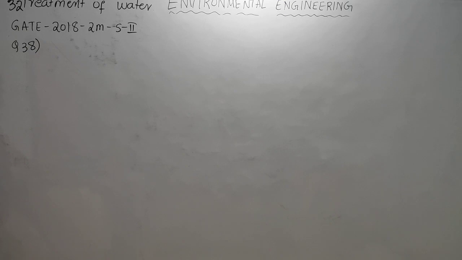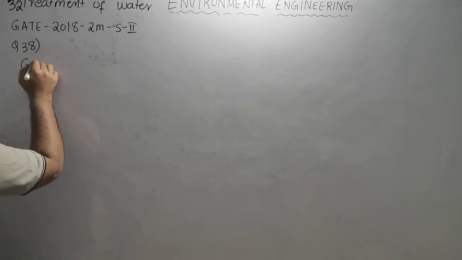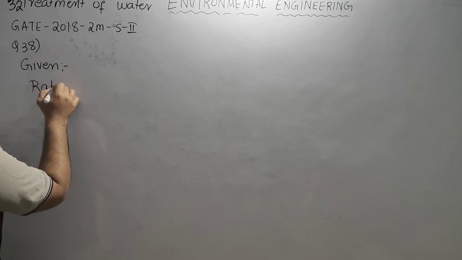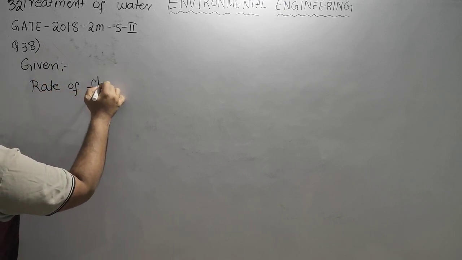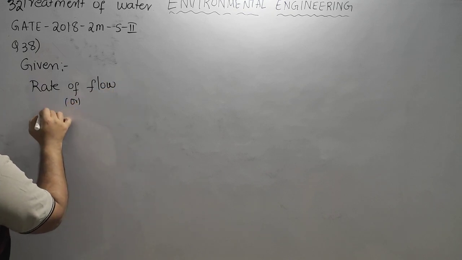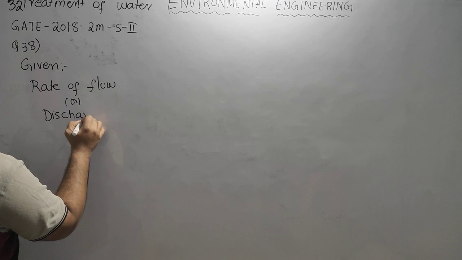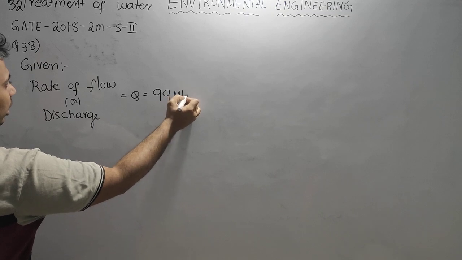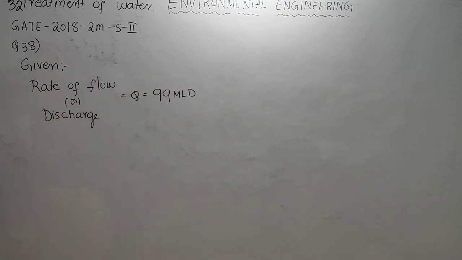Let us extract the data first. So what is the given data? A rapid sand filter has to produce water, so the rate of flow or discharge needed is equal to 99 mld. Consider water loss during backwashing as 5%.